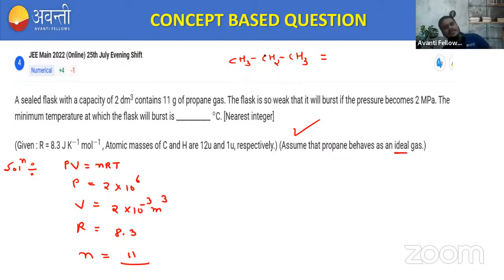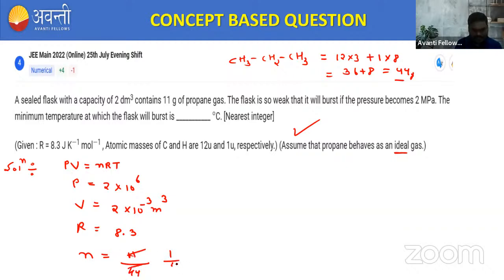We have 3 carbons, so 12 into 3 plus 1 into 8 hydrogen. This comes out to be 36 plus 8, that is 44. So the number of moles is 11 divided by 44, that is 1 by 4.